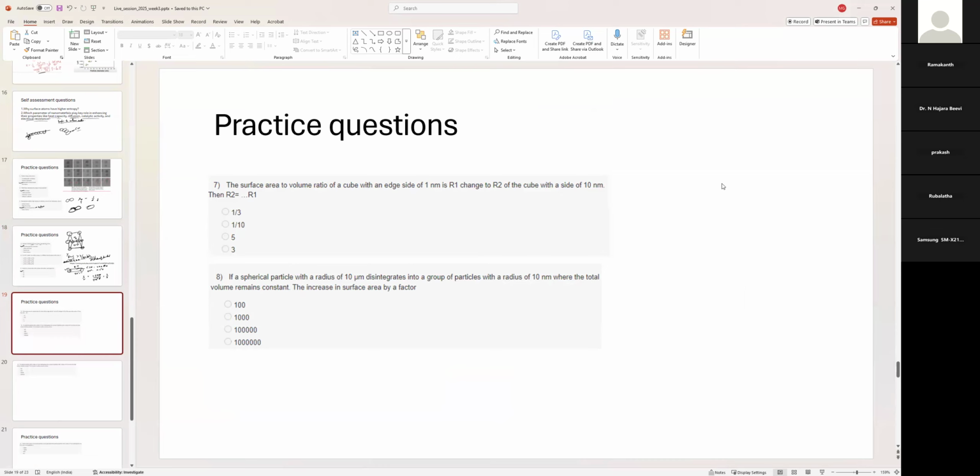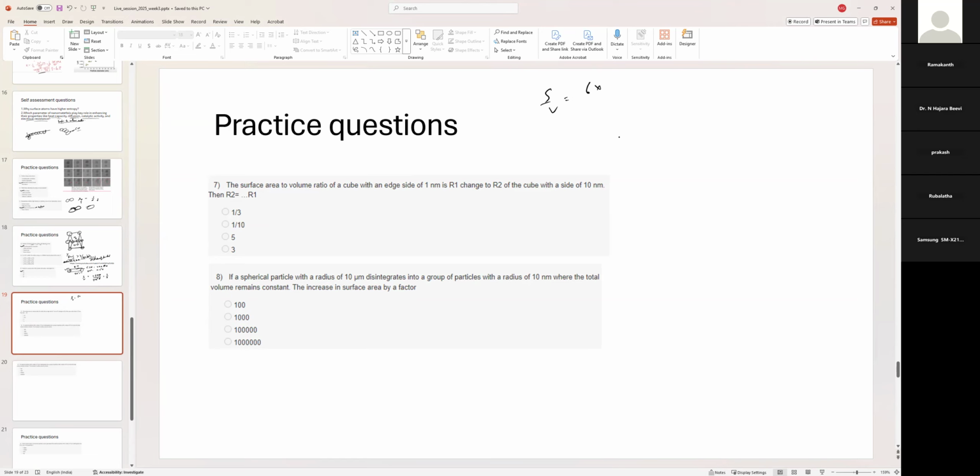Surface area to volume ratio of a cube with side length 1 nanometer. R changes to 10 nanometer. So for a cube, I can just do it without drawing this out.